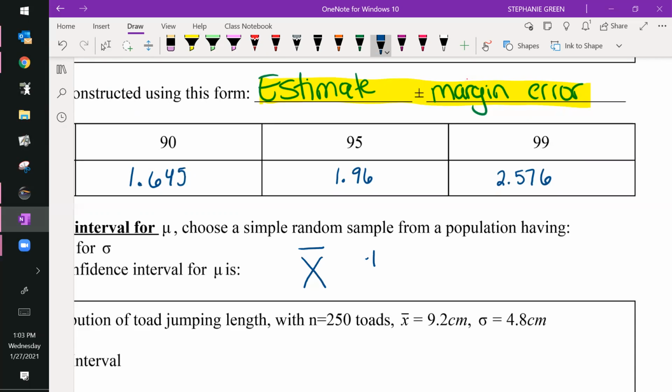And then our margin of error will be however many standard deviations we need to go, z star, times the standard deviation of the sampling distribution, which is sigma over root n, sigma being the population standard deviation and n being the sample size. So we're going to use this a whole bunch this unit. Okay, that is how we calculate the confidence interval for the mean.